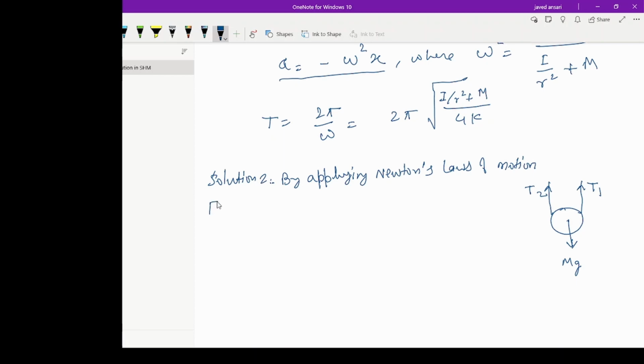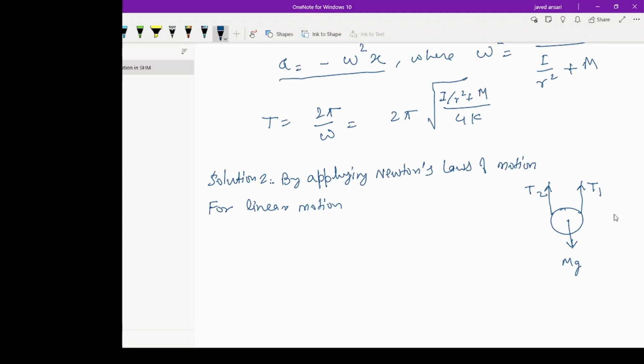So for linear motion, let's apply Newton's second law. What does Newton's second law say? It says that total force is equal to mass times acceleration, right? So total force is how much?